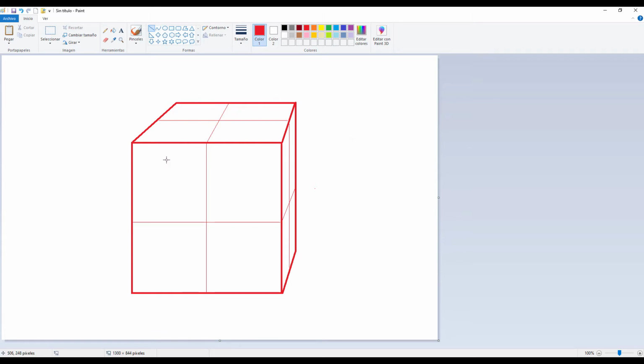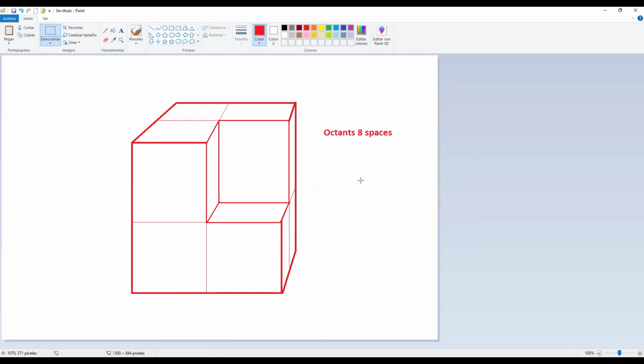This is 1, 2, 3, 4, and below another 4 spaces. To see better here, I will delete that. So you can see here the three axes. This is the first cube, and you have another cube here, another here, another here, and 4 below. This is the octants.